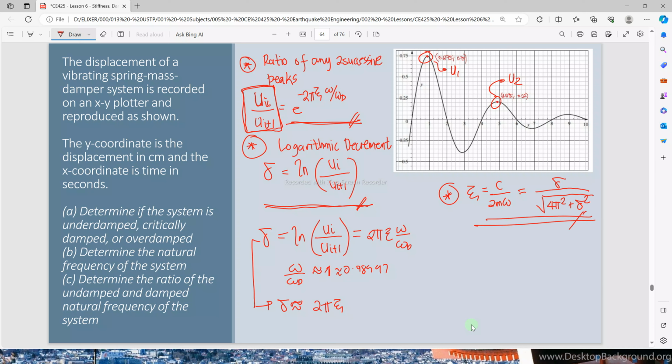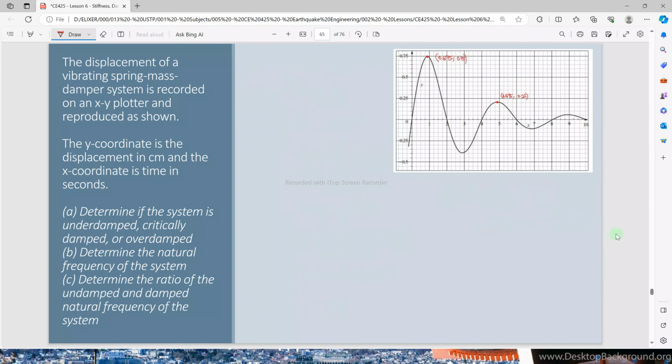And then you can get the damping ratio from that one. Okay, so let's proceed. I'll just write the logarithmic decrement.